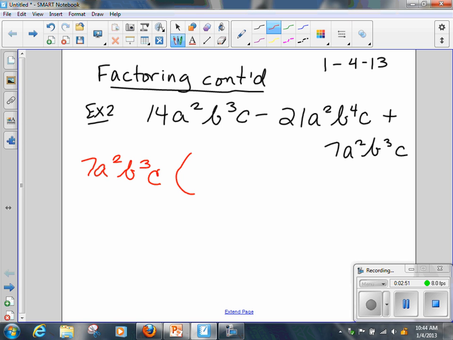Okay. All right, so what's that going to leave us? This is factoring out the GCF. What's that going to leave us? 2, minus 3b, plus 1. Anybody see anything going on now?